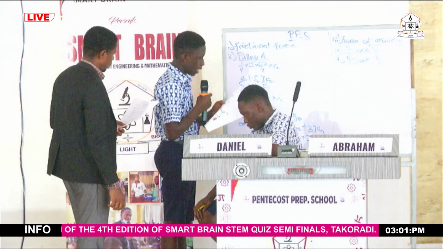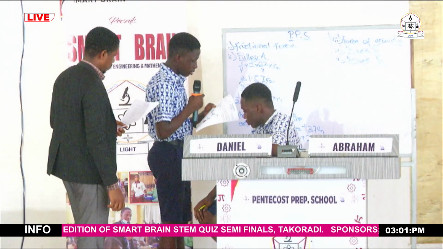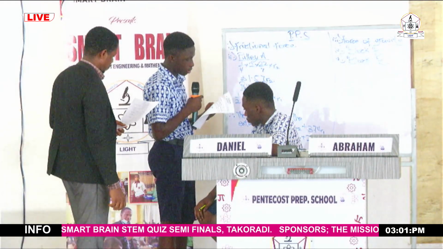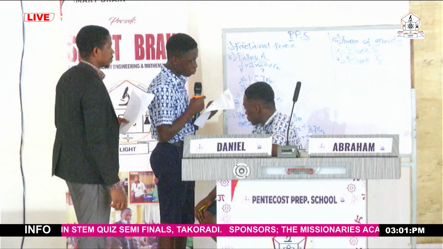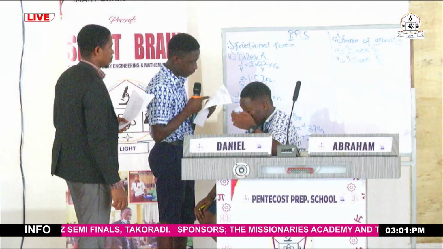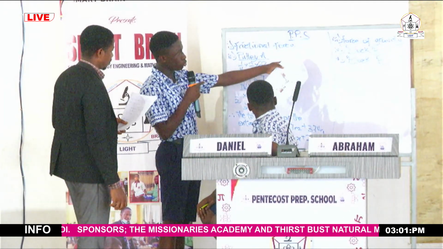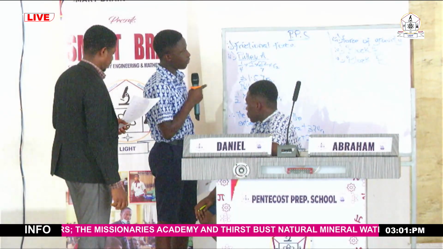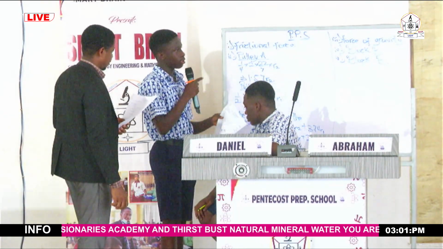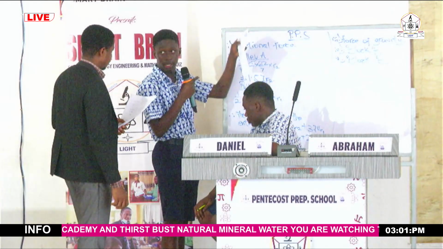Now for the fourth, it says if the cable between pulley A and pulley B is cut into two, which of the blocks will move or drop faster? The block B will drop faster since force of gravity is acting on it. It makes it heavier than the first one.